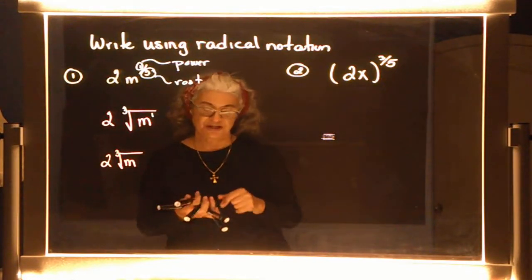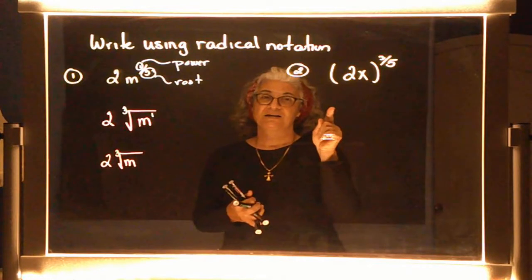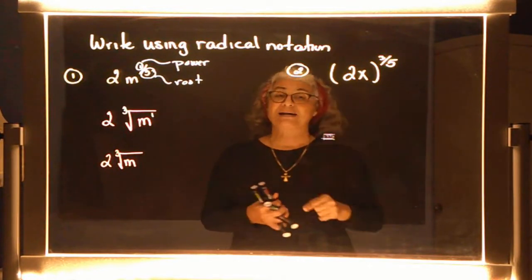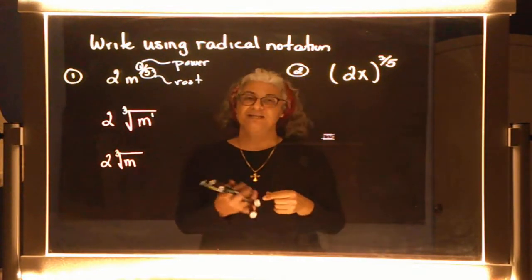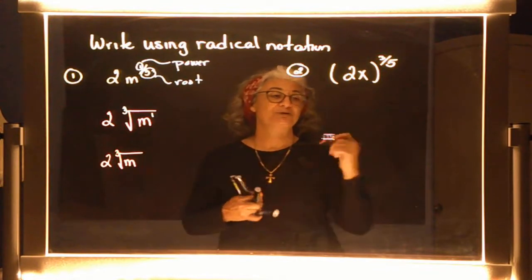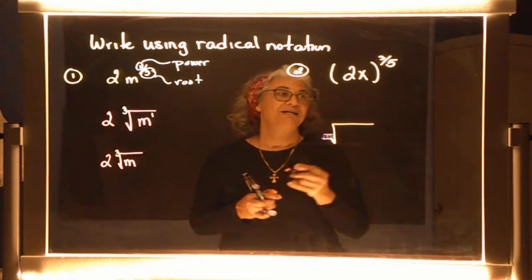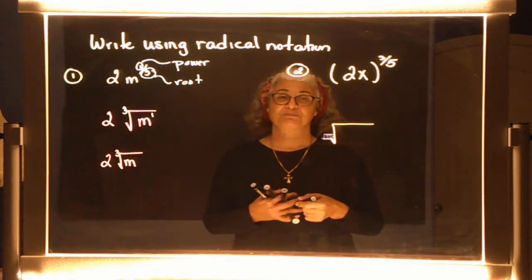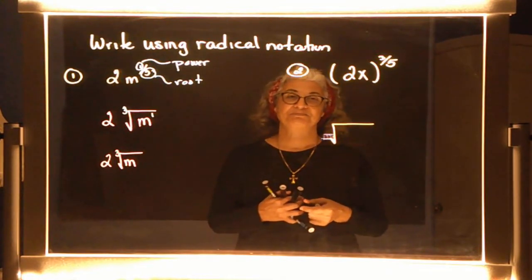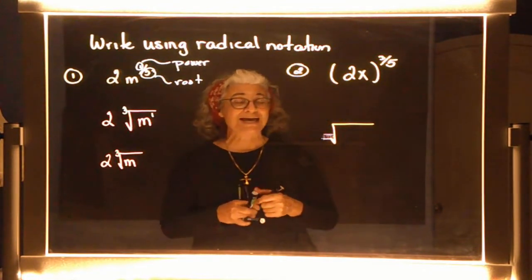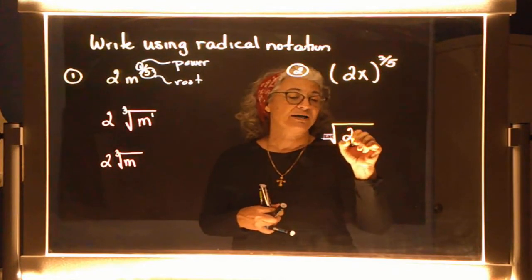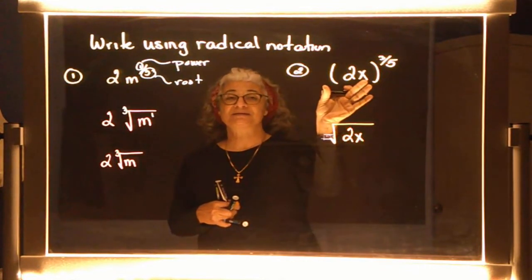Let's look at this one over here. They want us to write with a radical notation, so we know in the answer somewhere there's going to be a radical. And now the question is this. What's under the radical? Good, it's the 2x under the radical. Why? Because it's in parentheses.